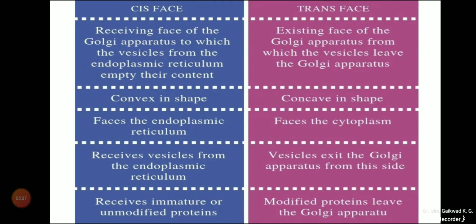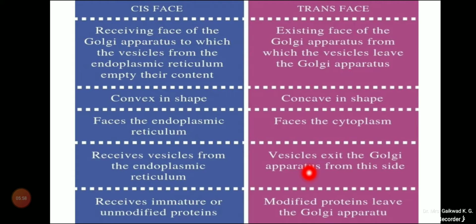What about the trans face? Opposite to the cis face, the trans face is the exit face of the Golgi apparatus, from which the vesicles leave. It is concave in shape and faces the cytoplasm.